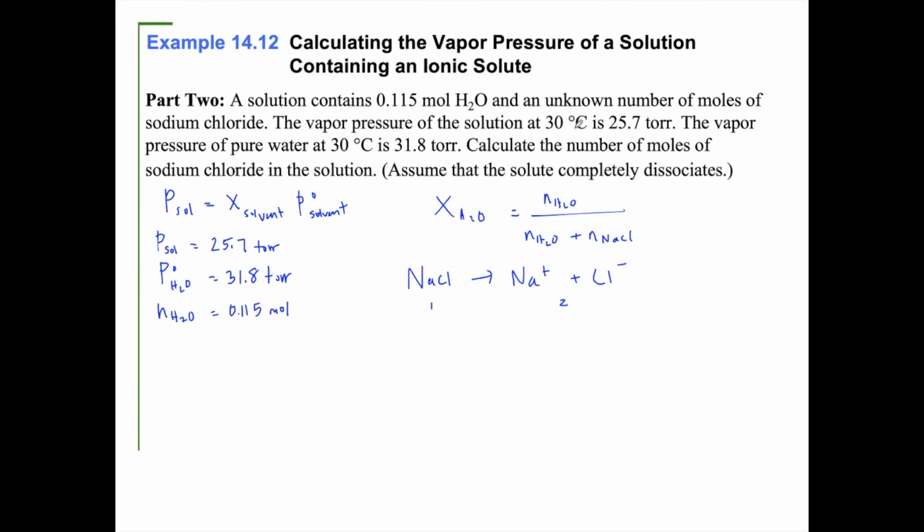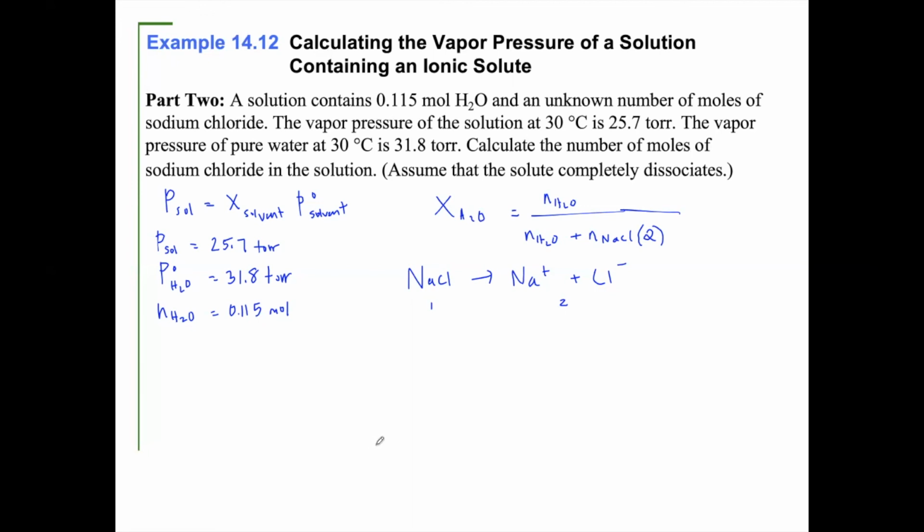So you have to account for that. Okay? So there should actually be a 2 here, because for every 1 mole of sodium chloride, you have 2 moles of ions. So however many moles of sodium chloride you expect to have in this solution, you're going to have twice as many ions. That's contributing to the overall amount of moles that you have, and that affects the mole fraction of water.